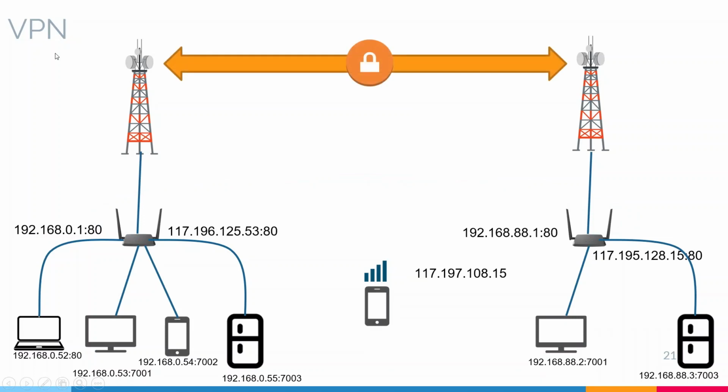What really happens in this virtual private network is that there is a VPN gateway that takes care of assigning the IP addresses to any new member joining the network, and the VPN takes care of making both the routers part of the same network.